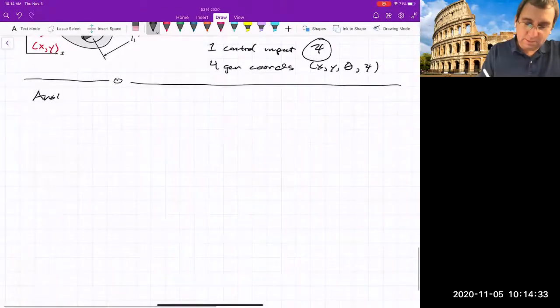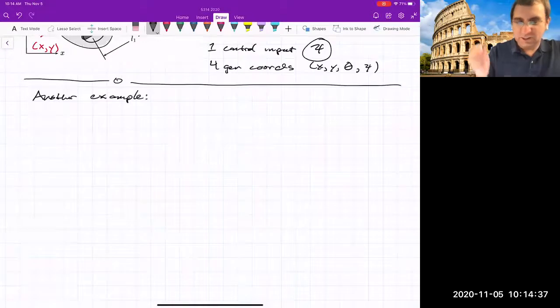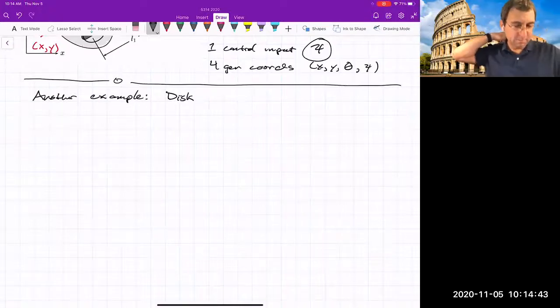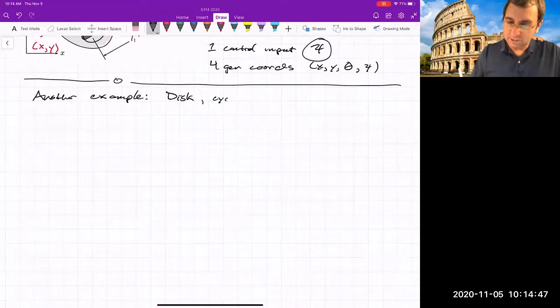Here's another example for solving forces. This is a disk or other thing, a cylinder, maybe a ball rolling downhill.